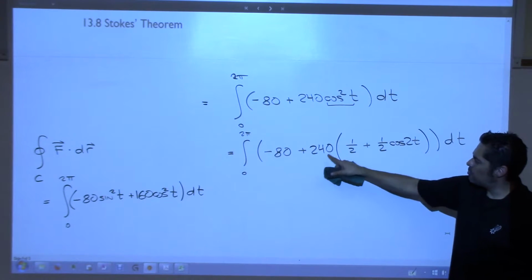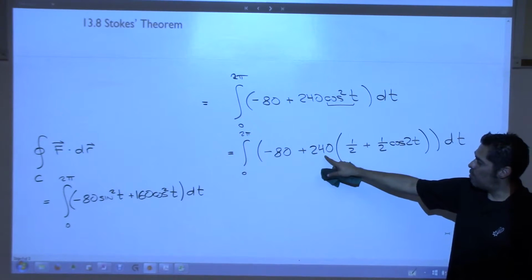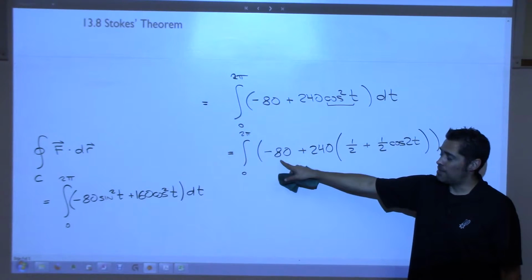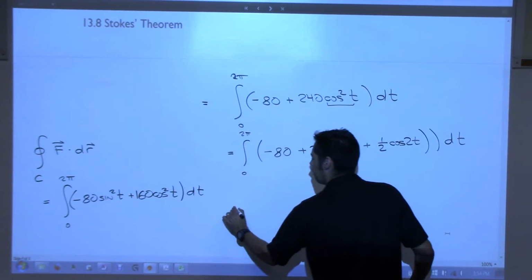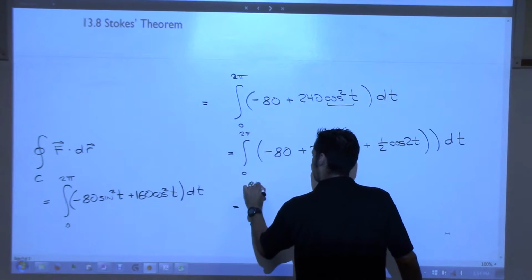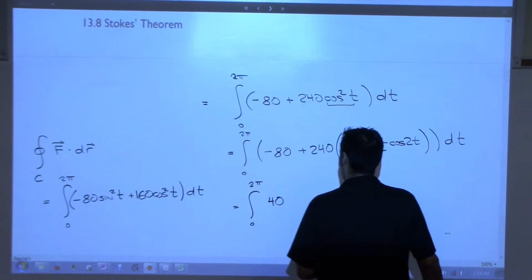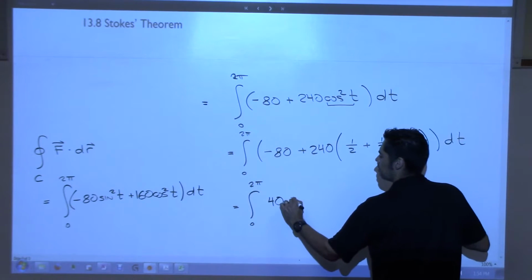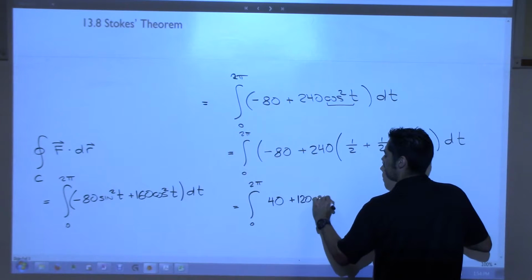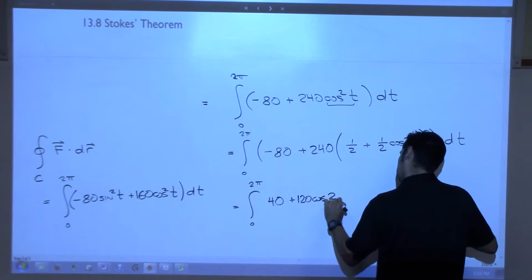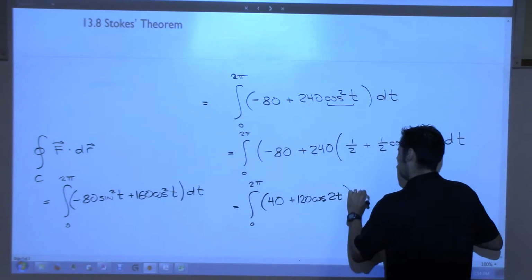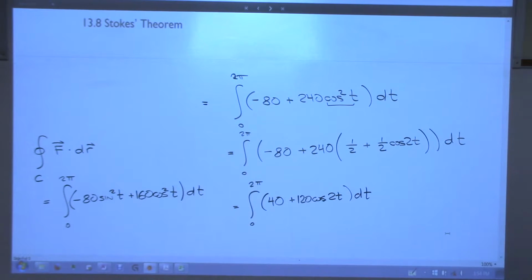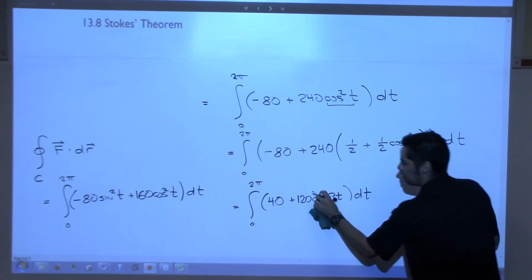So half of 240 is 120 and minus 80, 40? Okay, so we have 40 plus 120 cosine 2t dt. Can you all see that?